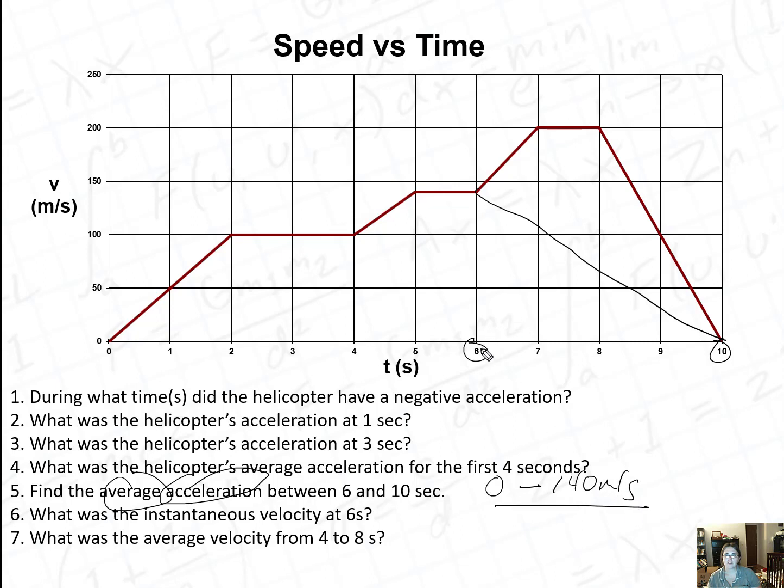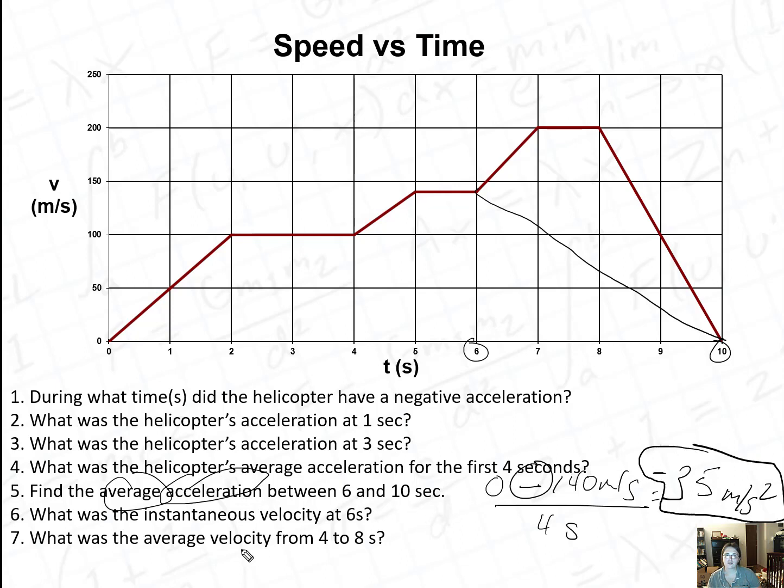And that happened in 4 seconds. So this is negative, and for acceleration, it didn't ask for magnitude, so it does want the sign, so it's negative. And then, let's see, 35, I think. Yeah, 35 meters per second squared. So this is a negative.